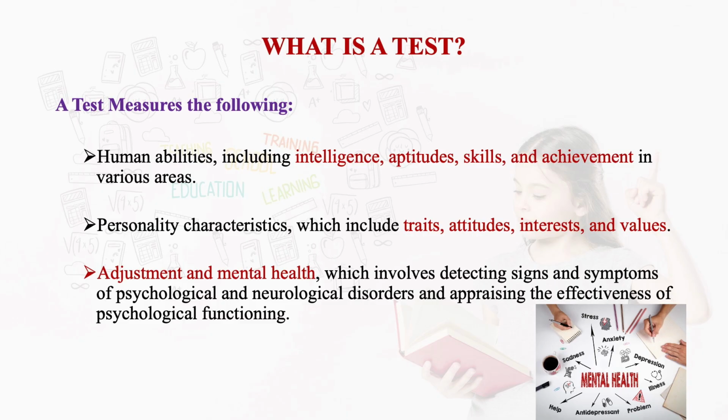It may be self-concept, it may be aptitude, it may be attitude. All these are personality characteristics, so they also come under a test. And further we can say adjustment and mental health, which involves detecting signs and symptoms of psychological and neurological disorders and appraising the effectiveness of psychological functioning.